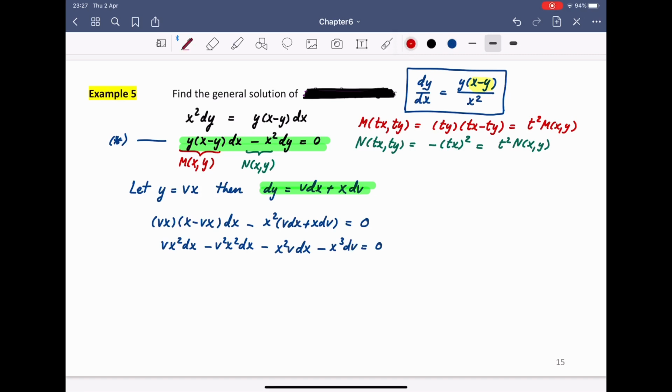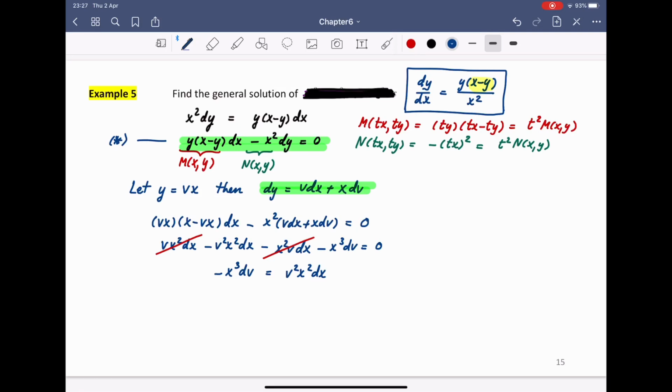Now you can see that the v x squared dx term and this term cancel out. So what you have left is minus x cubed dv equal to v squared times x squared dx. I like to keep dv on the left hand side.